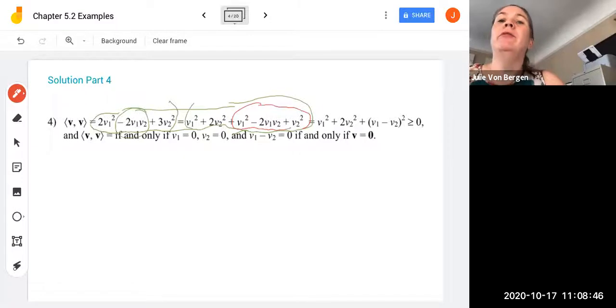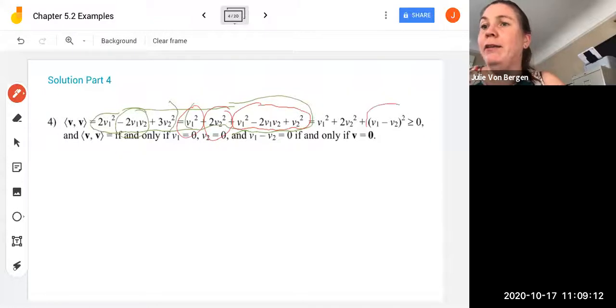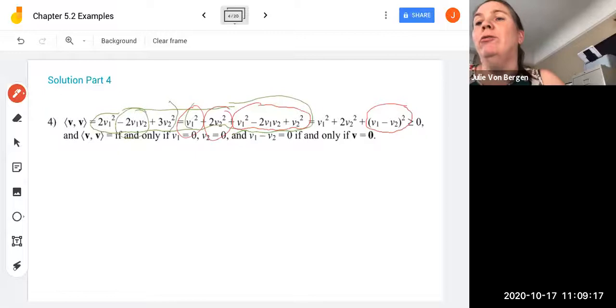We're splitting up the 2 V1 squared, so we've got a V1 squared over here, and the second V1 squared we use to complete the square, or just rewrite as a square. Then we took the 3 V2 squared and pulled out the plus V2 squared. So we get to rewrite the second part, in factored form, as V1 minus V2 all squared.